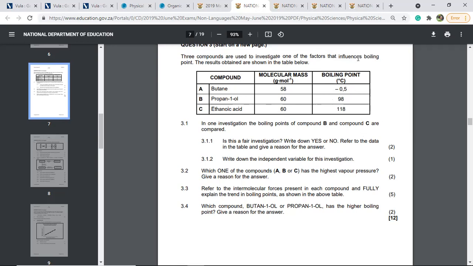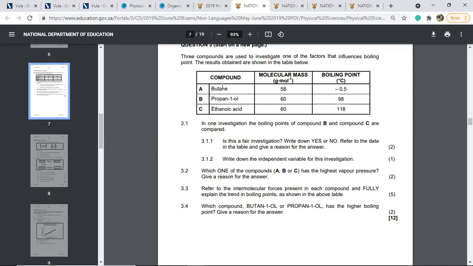So the trend that's happening here is that as you go from A to B to C, the boiling point is increasing. So what's happening? Why is it happening? Firstly, we've just talked about butane, and we've talked about the intermolecular forces that are present in butane. But how do we know that butane has weak intermolecular forces?